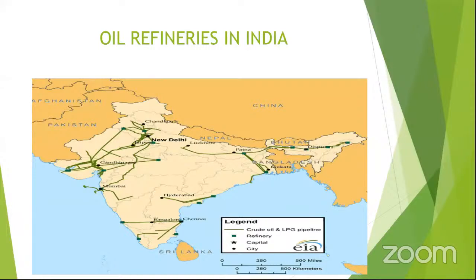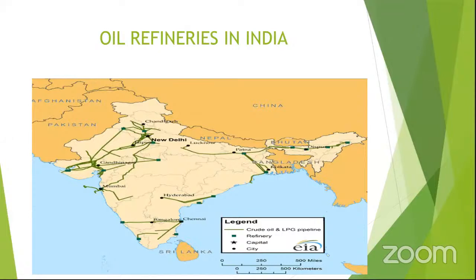You see, the oil refineries are present in various parts of India. The job of these oil refineries is to obtain the crude oil through pipelines and also through ships. Once they obtain the crude oil, you refine it through the distillation process and separate out various parts of the petroleum, that is petrol, diesel, and finally ship it to the petrol pumps or the diesel pumps.